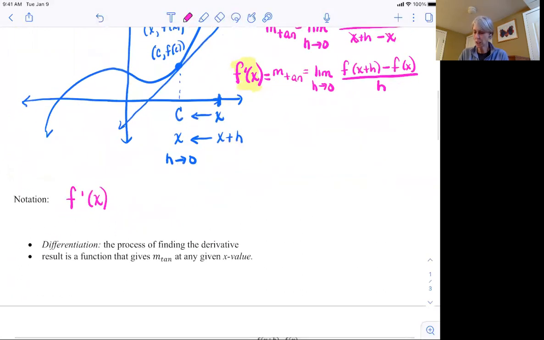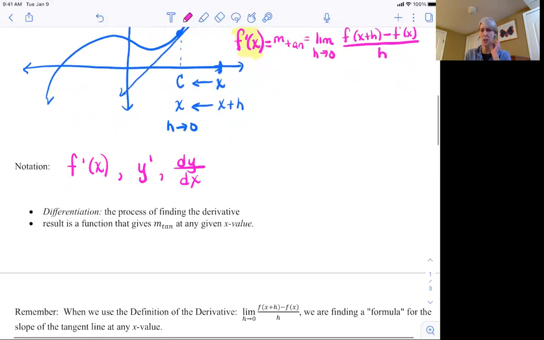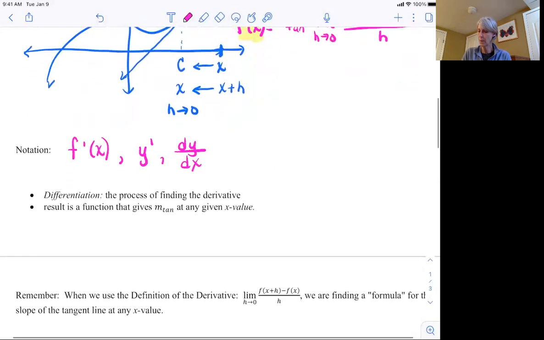There's other notation as well. We can sometimes just say y prime. We can sometimes say dy dx, and we're going to use this a little later on in the course. I'm just introducing that notation today, but for our purposes, we're going to stick with f prime of x and y prime at this point in time.